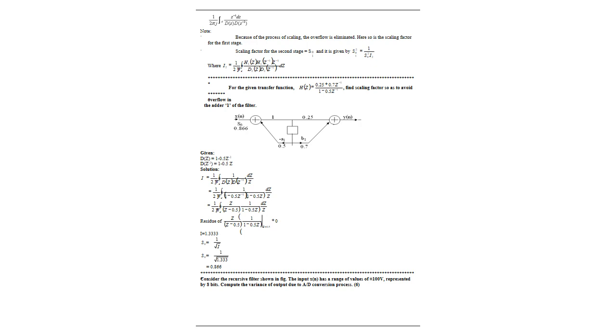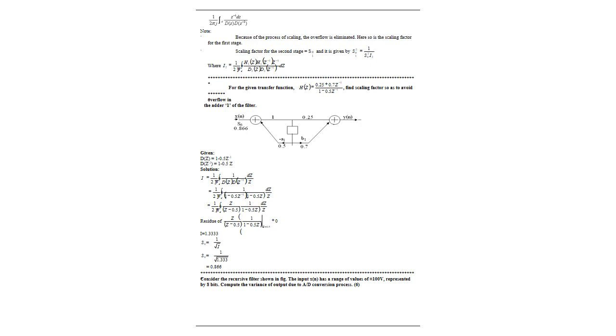So that is I is equal to 1 by 2πj closed integral 1 by D(z^-1) z dz by z. Here we have to substitute the values, then we get the residue of z by (z minus 0.5) into 1 by (1 minus 0.5 z), at z is equal to 0.5. So I is equal to, we will get the answer.